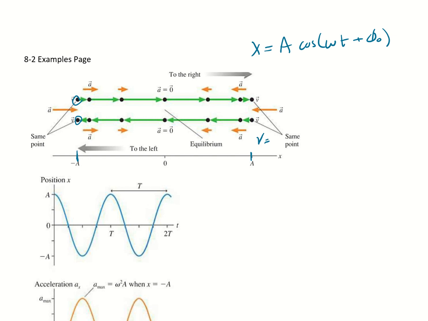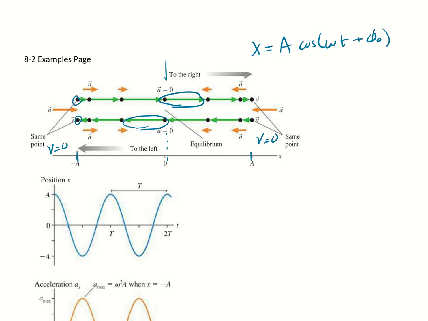When the block reaches either end, it momentarily stops before turning around and going the opposite direction. The velocity vectors, the green vectors, are at a maximum when it's passing through the equilibrium position, so the magnitude there should be the highest.